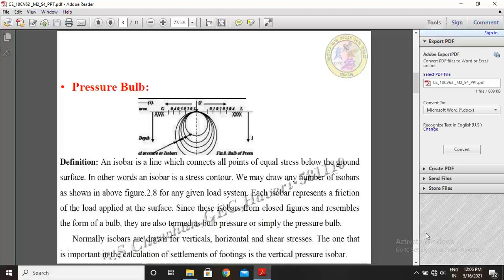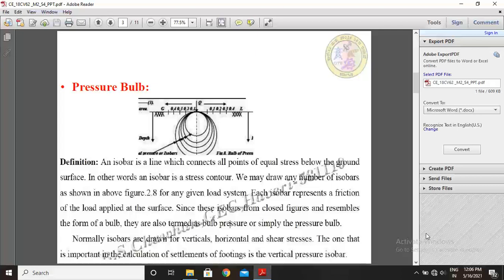A system of isobars indicates the decrease in stress intensity from the inner to the outer ones and reminds one of an onion bulb. Hence the term pressure bulb.